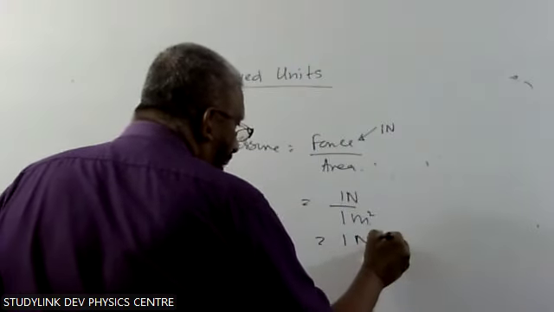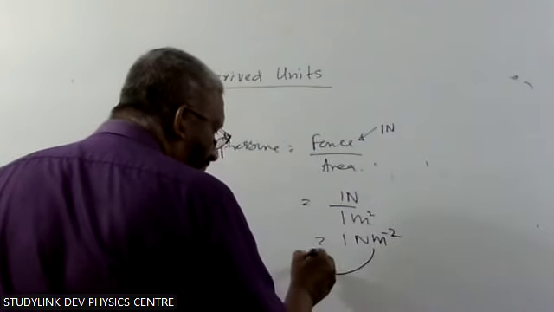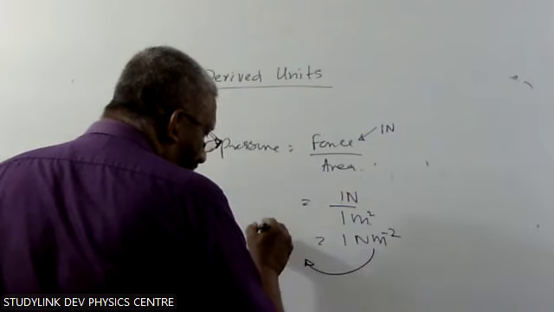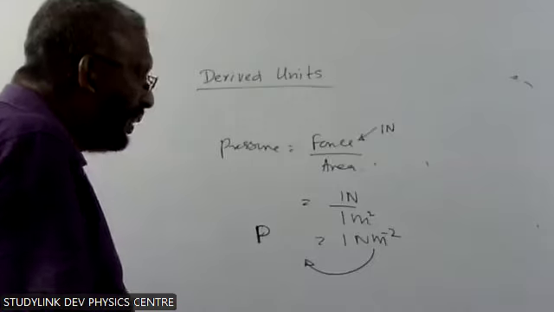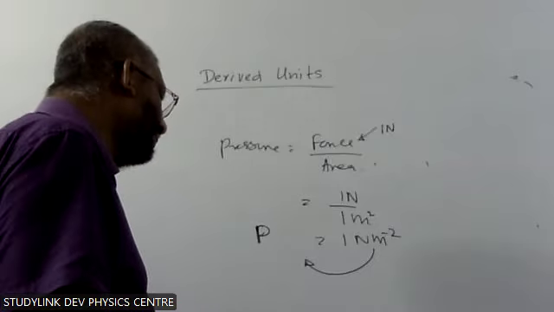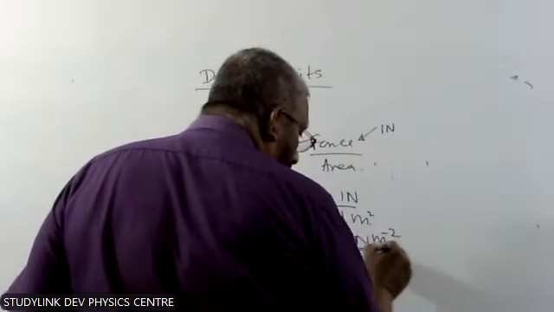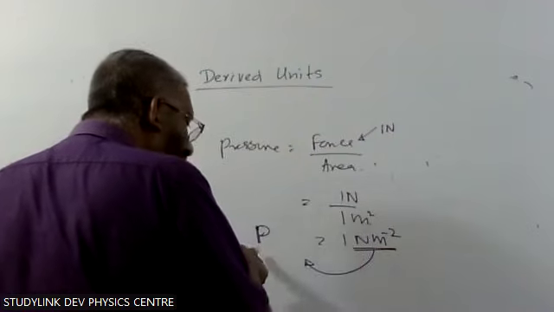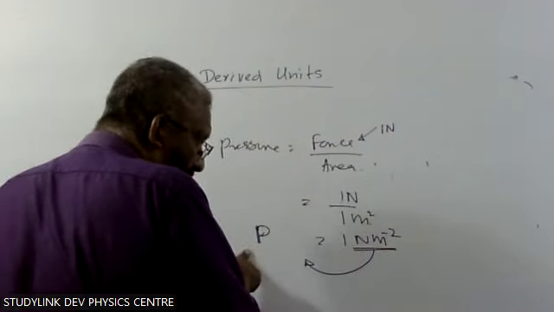1 N m^-2. This is given the name Pascal. Pascal is capital P. This is how it comes. This is the normal way, but we are assigning another name for that.